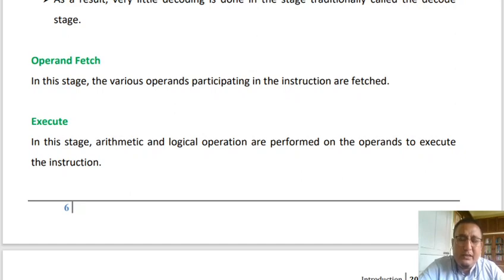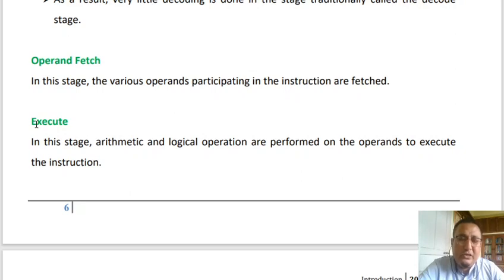Whenever instruction fetch, instruction decode, and operand fetch are over, we need to execute the instruction, that is, perform arithmetic and logical operations on the operands that have been fetched. While executing an instruction, we also need to keep in mind the various latencies that may influence the execution.